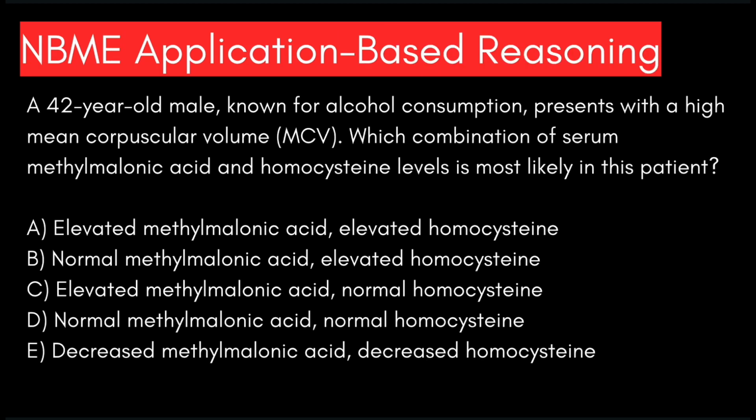We have a 42-year-old male known for alcohol consumption. He presents with a high mean corpuscular volume, MCV. Which combination of serum methylmalonic acid and homocysteine levels is most likely in this patient?